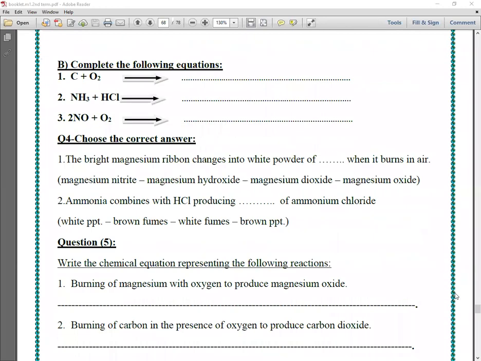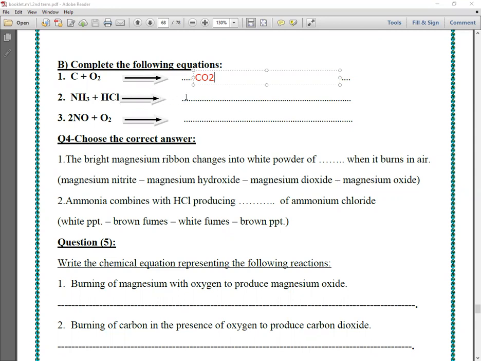Page 68. Okay. Complete the following equations. C carbon plus O2 produces CO2.